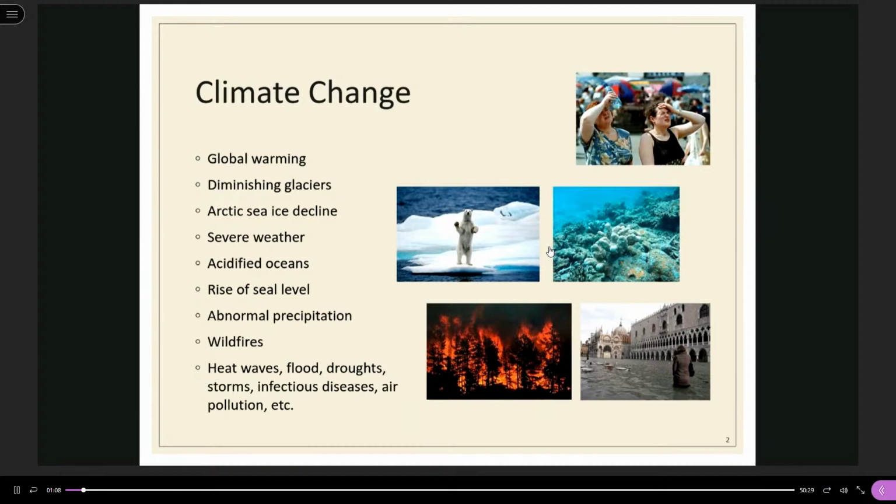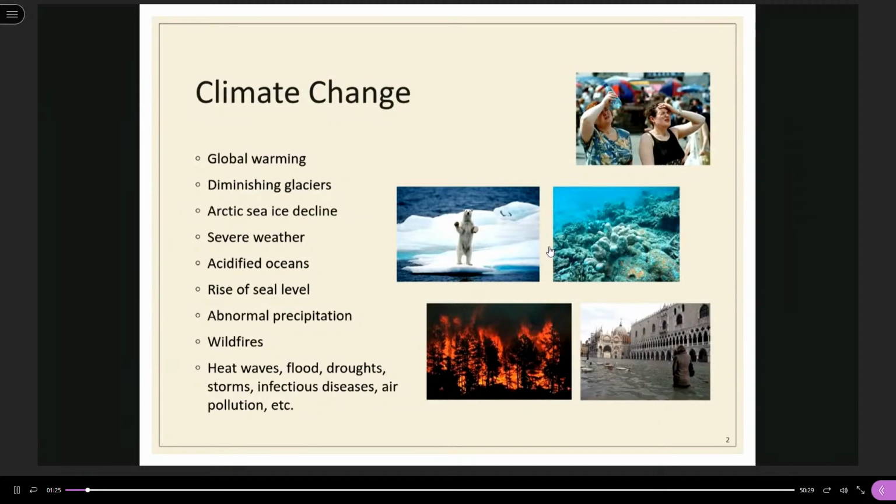Okay, so on this slide we have a few evidence of climate change. Like global warming. Every year is getting hotter and hotter.